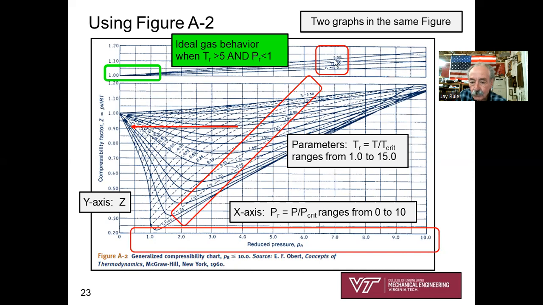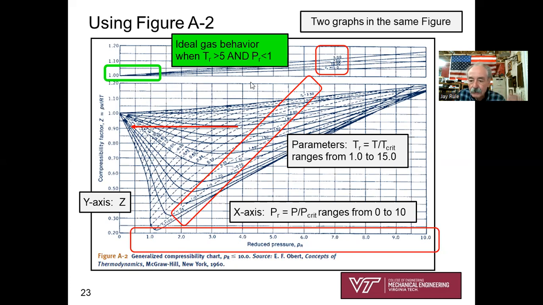It's two charts rolled into one. Interesting thing here is we've got T sub r values of 5, 7, 10, and 15. And imagine if your TR was 30. It's not shown, but doesn't common sense say that if TR was 30, it would be a little bit below that straight line.